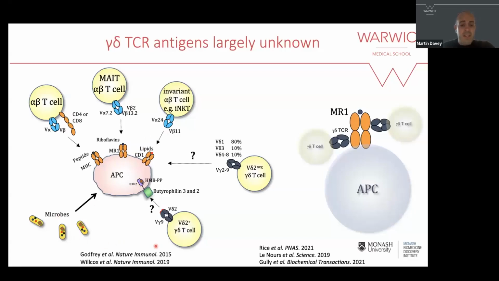So, as I mentioned before, the V delta 2s are potentially an innate-like population and recognize, in the context of these butyrophilins, microbially derived HMBPP, which is a non-mevalonate pathway molecule.